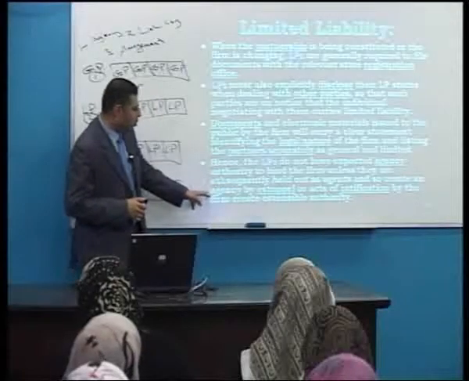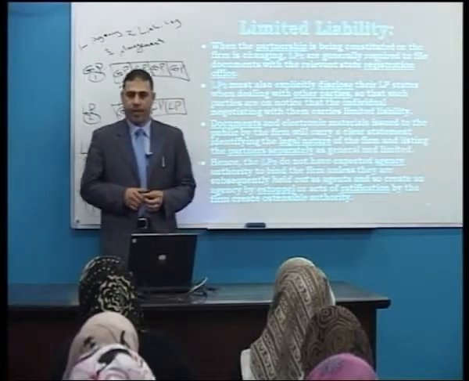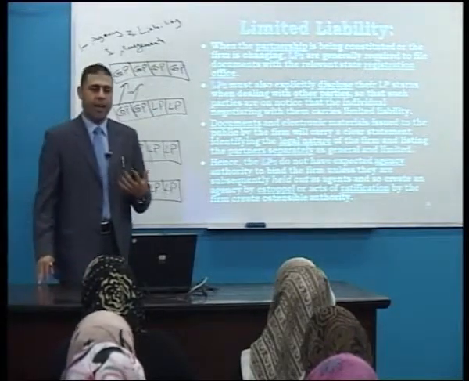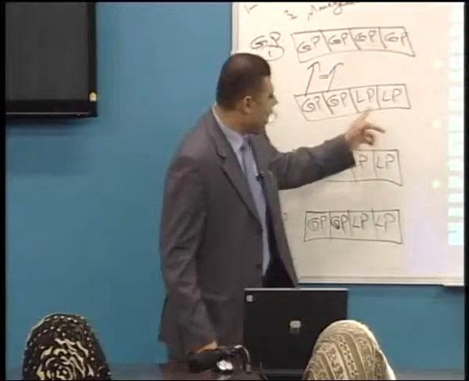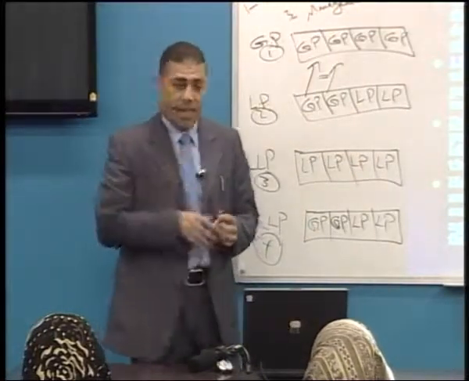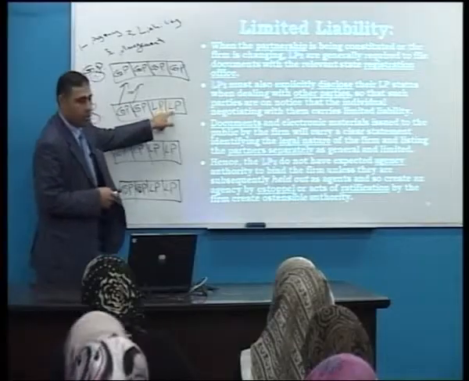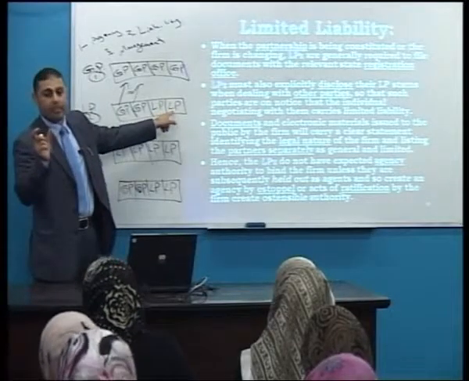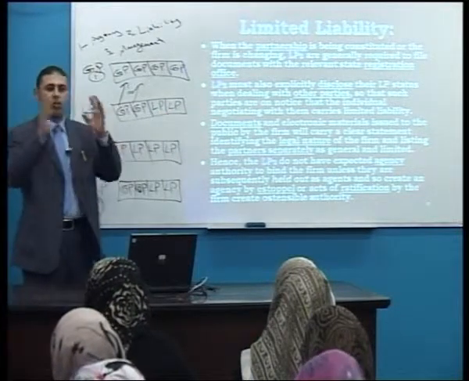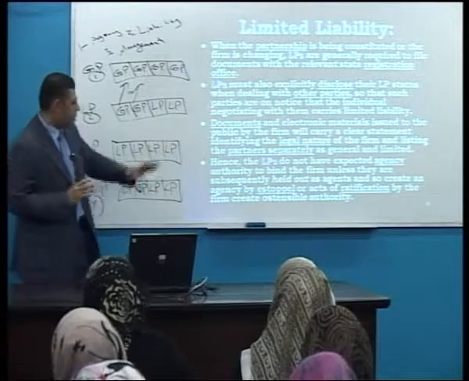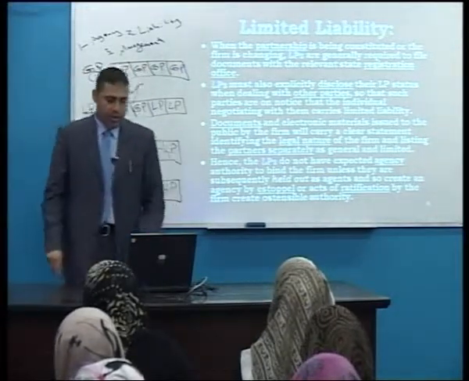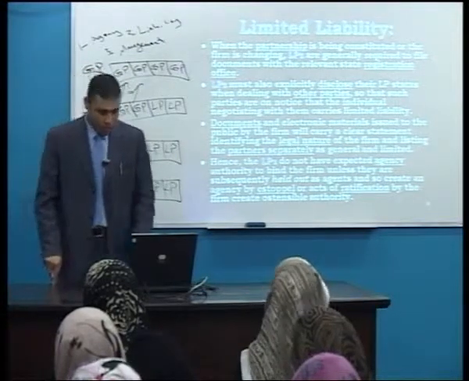We call it here agency by estoppel, and we had it before. It becomes like an agency by estoppel. It's an agency by de facto, as if the LB has the agency, but in fact he has no agency. This LB, limited partner, has no agency, but we assume as if there is an agency just to keep the transaction with the customer, and it's called agency by estoppel.